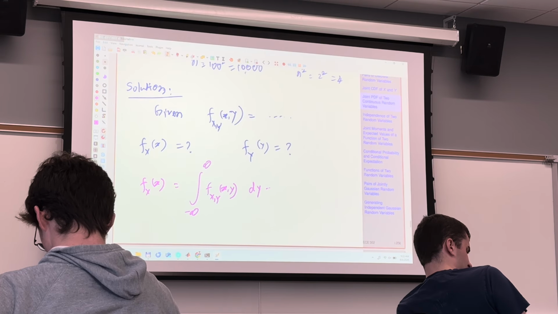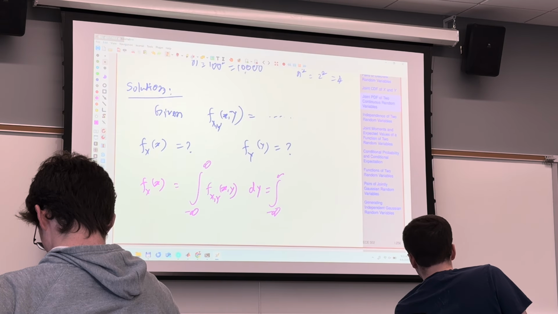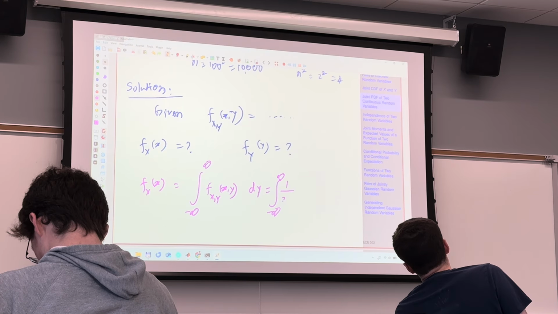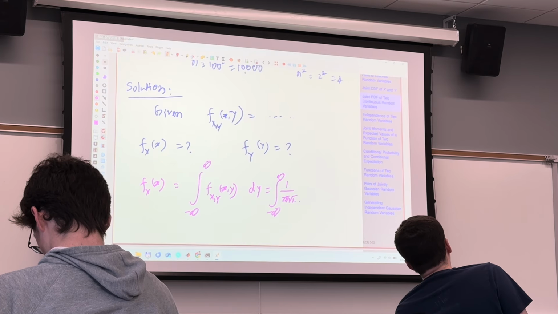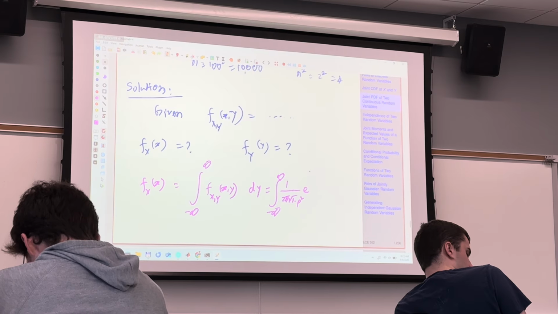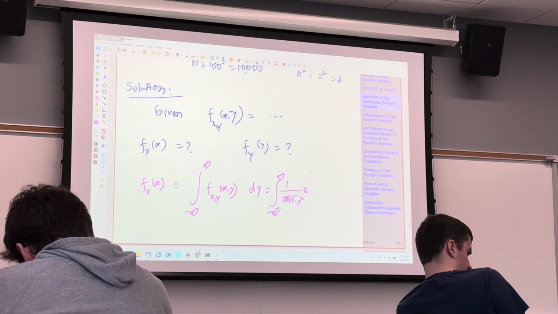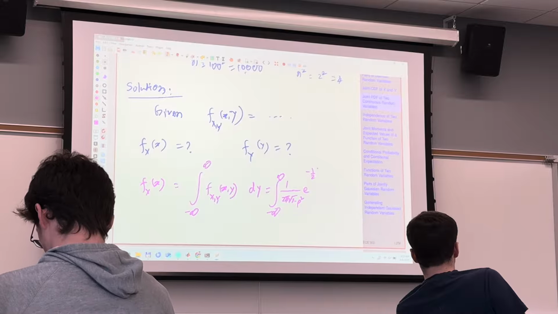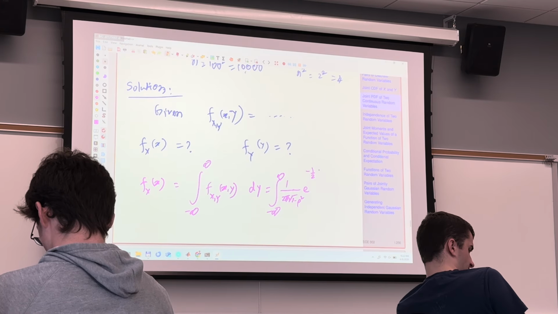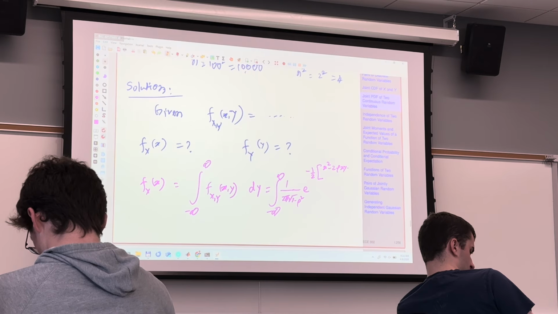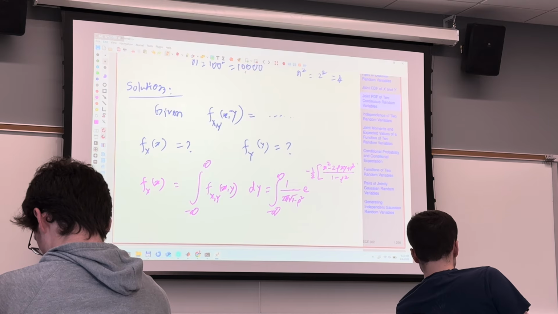So now you just substitute, from negative infinity to positive infinity, you have 1 over 2 pi square root of 1 minus rho squared, e to the negative half, and then we have x squared minus 2 rho xy plus y squared over 1 minus rho squared.